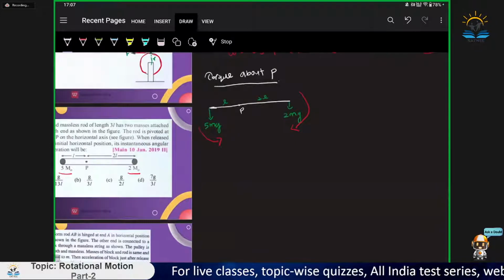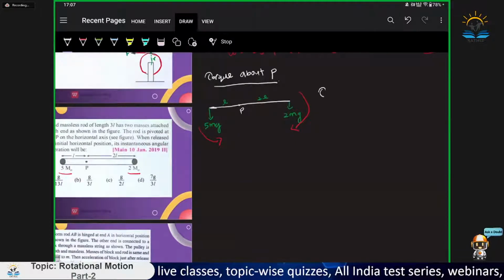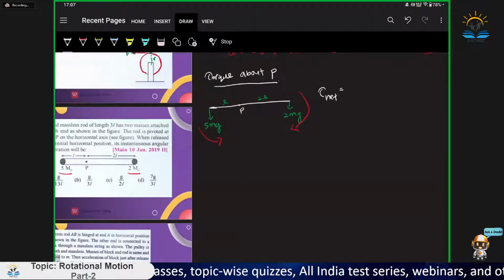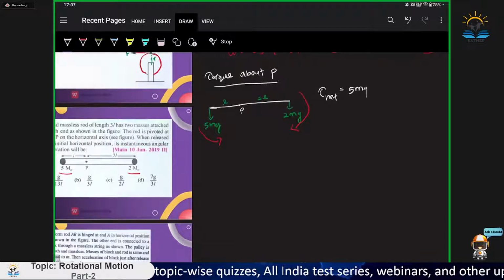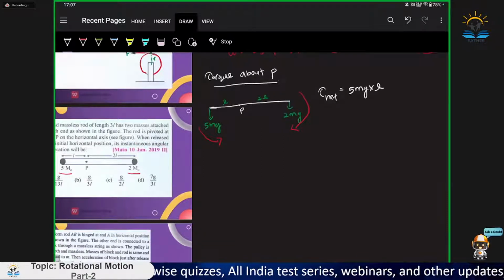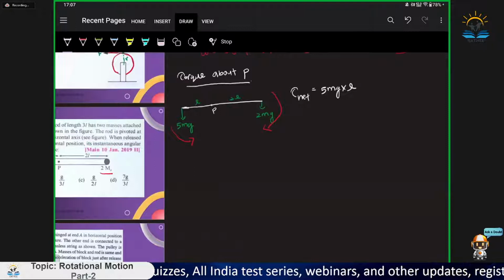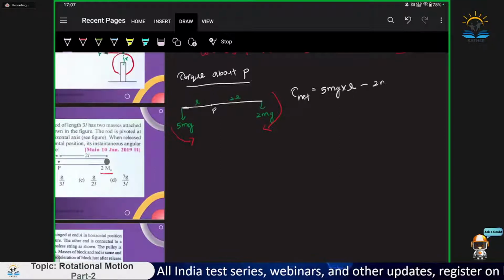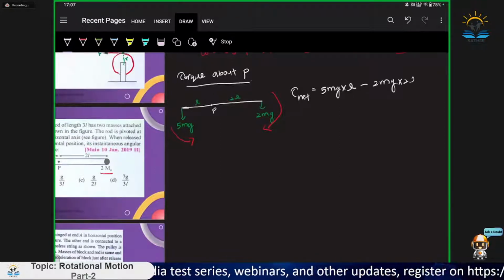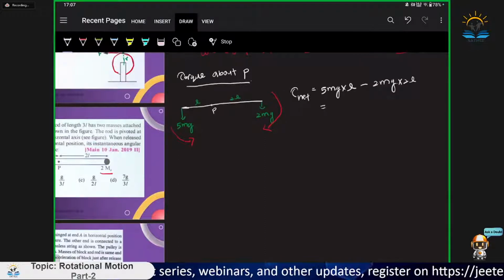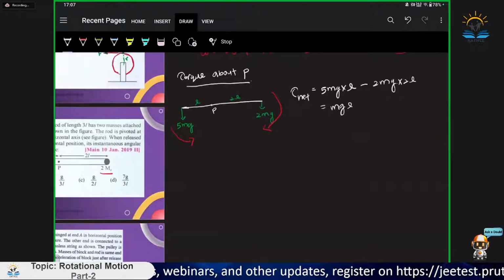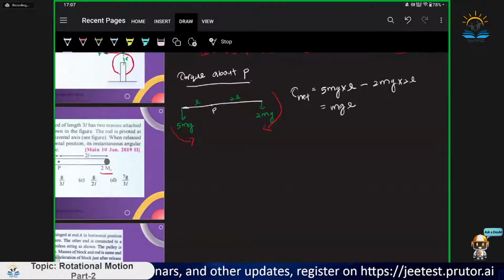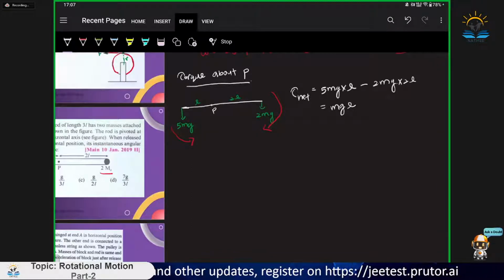So net torque about P will be 5 mg into L, where L is the perpendicular distance from point P, minus 2 mg into 2L. 5 mgL minus 4 mgL is mgL. This will be the net torque when the system is released.